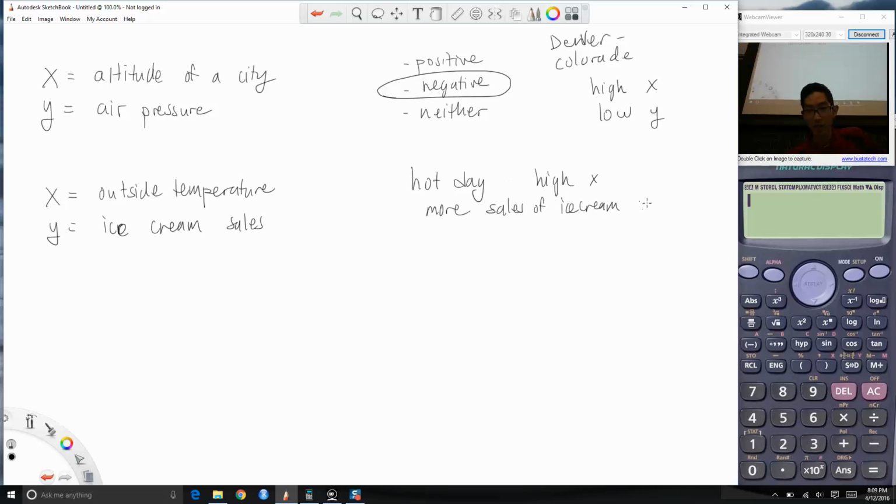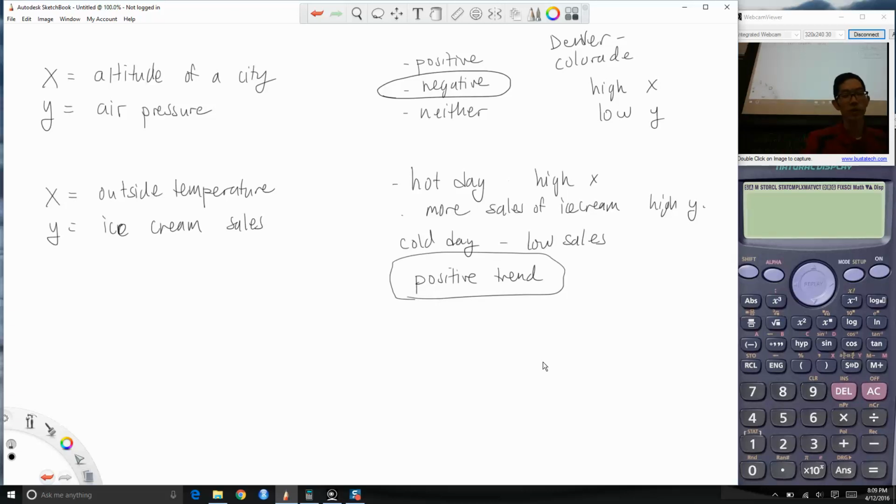So that will be high Y. We live in Los Angeles, so we don't really experience this. But if it were snowing outside, would the ice cream man be driving his truck around? Probably not. So on a cold day, we would probably have low sales. So this will be a positive trend.